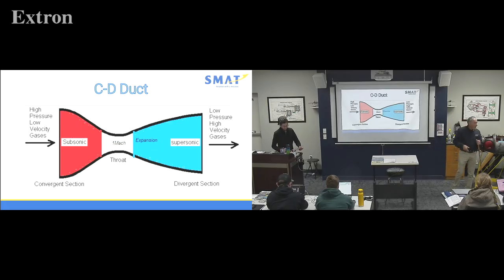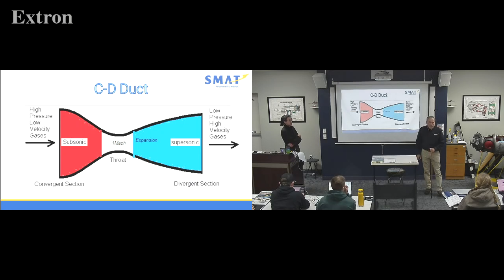Subsonic airflow that we deal with on turbine engines, jet engines, things like this, is going to be like we said. A convergent duct is going to increase velocity, a divergent duct is going to decrease the velocity and increase the pressure. Rocket engines, supersonic, it's just the opposite. Just the way it is. Any questions?